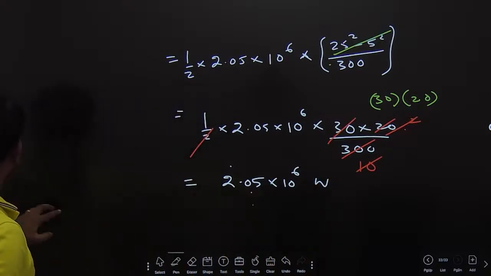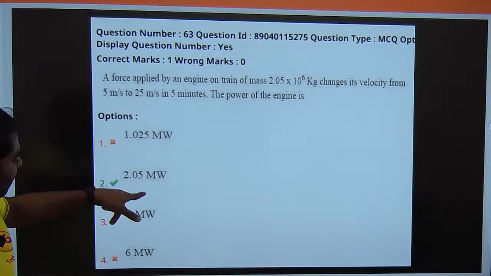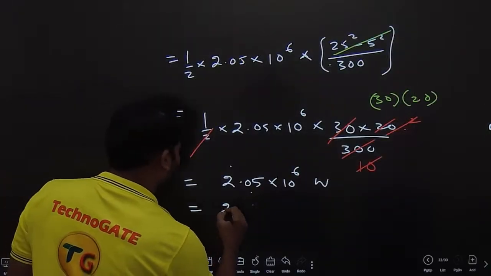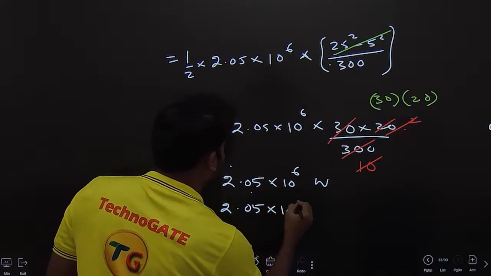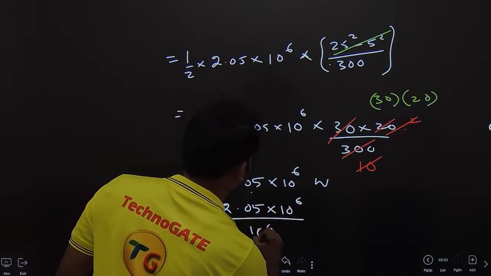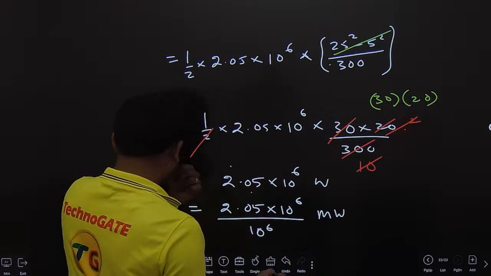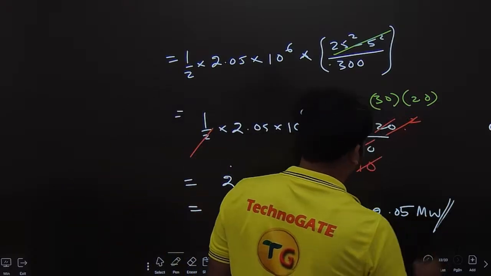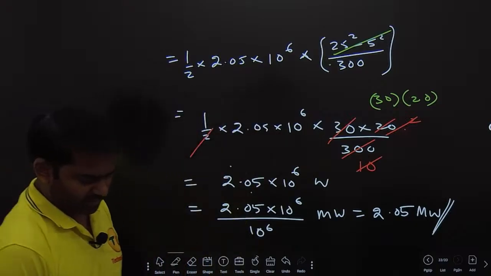In the question it is given in megawatts, right? Megawatt means we need to divide by 10 power 6. 2.05 into 10 power 6 whole by 10 power 6 megawatt, which comes out to be 2.05 megawatt. That's how we need to give the answer for this question.